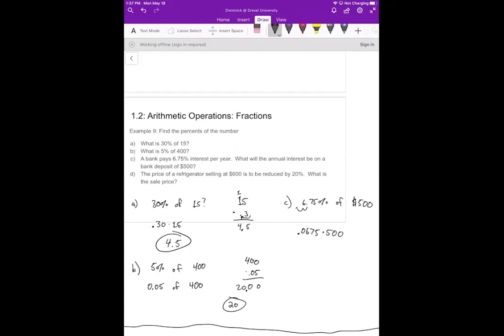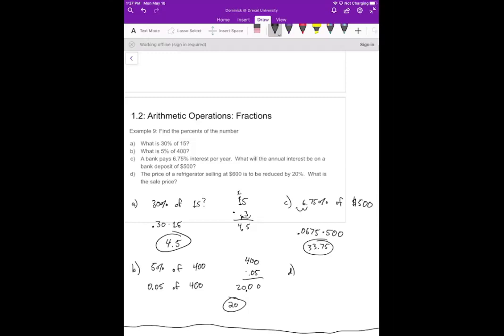I just had it here a second ago. Okay, here it is. So now if I multiply these two things together, I want to do 0.0675 times 500, and that gives me a 33.75. All right, so of course that we would use a calculator.